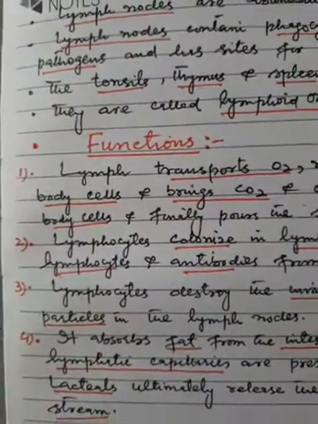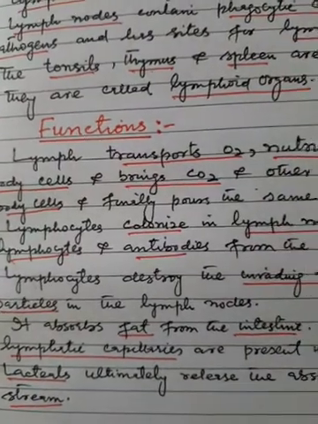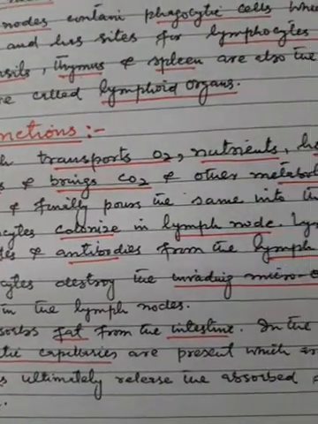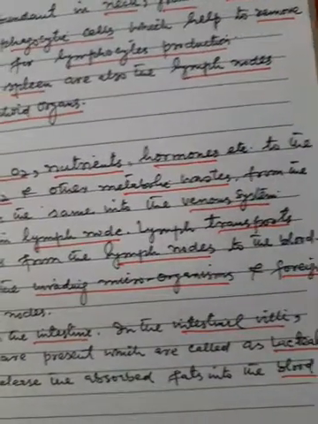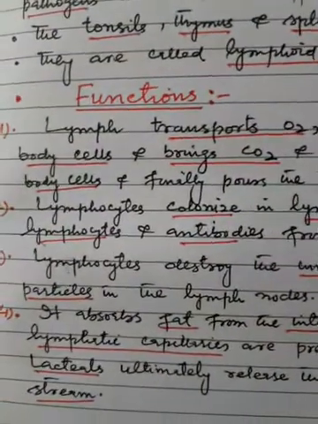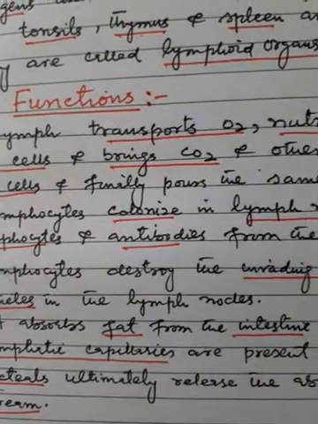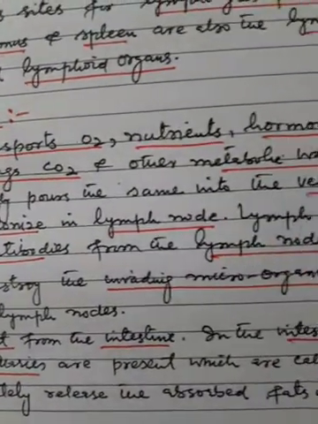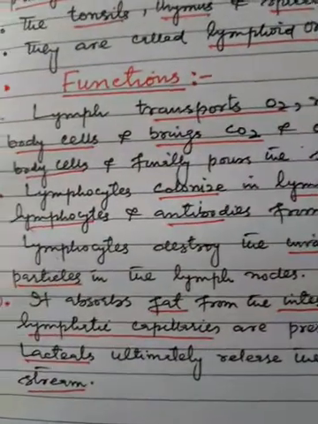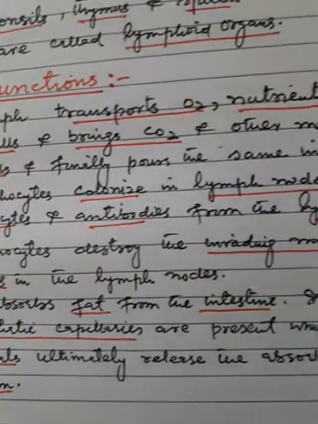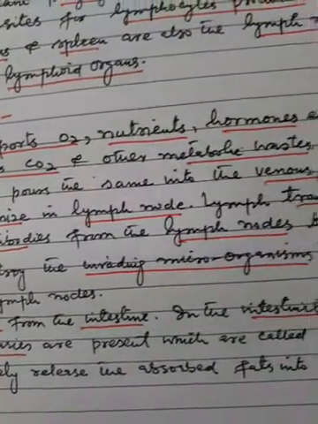Now, the functions of lymph. Lymph transports oxygen, nutrients, hormones, etc. to the body cells and brings carbon dioxide and other metabolic wastes from the body cells and finally pours the same into the venous system.